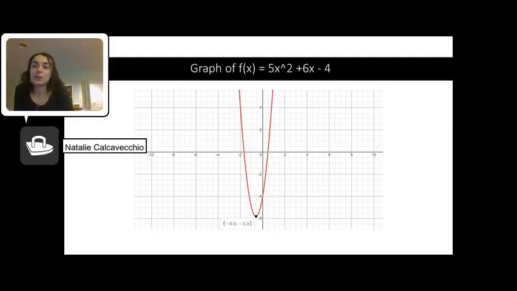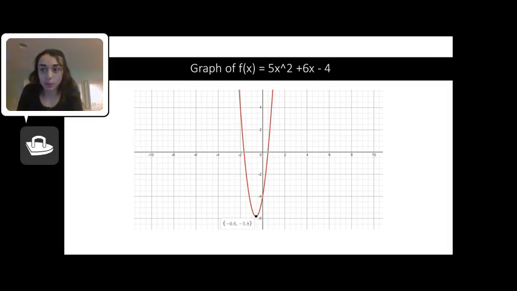Okay, class. So I provided a graph of the function that we just did in example 1 to show that if we graph these functions, we can identify where the minimum and maximum values are. This is a way to check our answers. So we see that here is our minimum value, right?